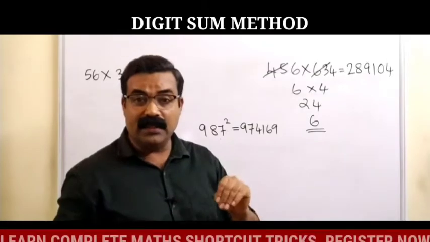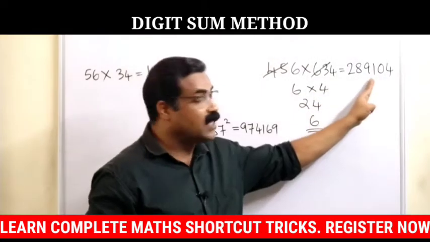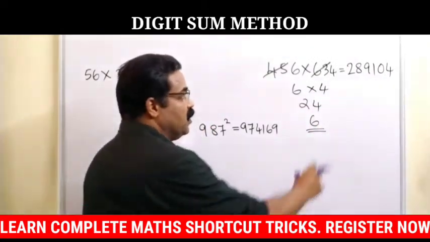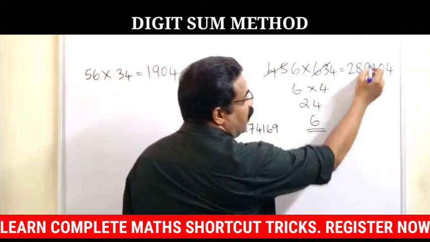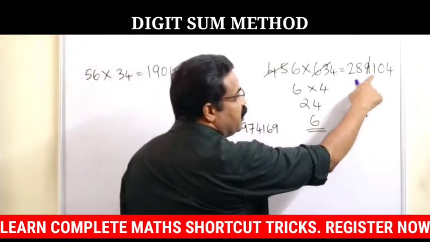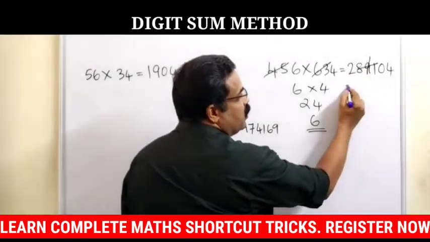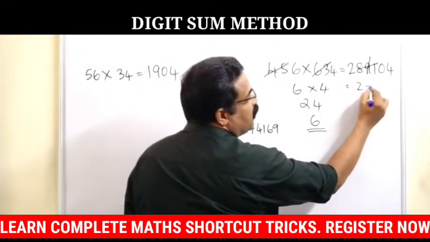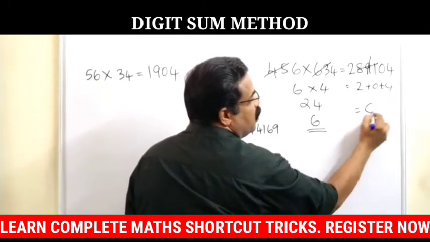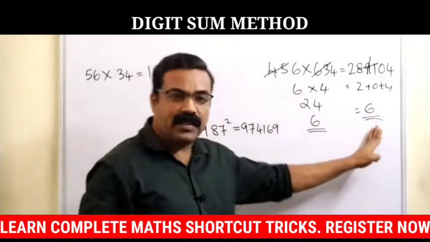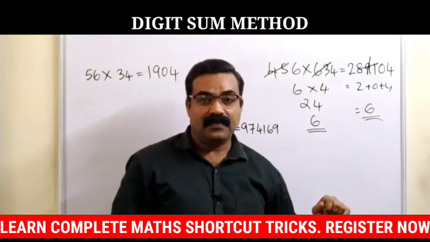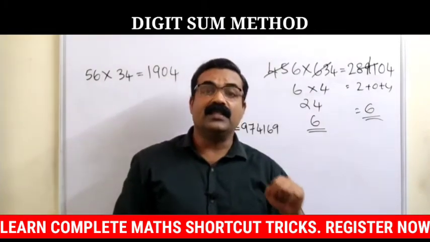For the answer to be correct, we should get the same digit sum on the right hand side. Let us check: 2, 8, 9, 1, 0, 4. I can cancel 9. 8 and 1 is 9, I can cancel that. Remaining is 2 and 4. 2 plus 0 plus 4 equals 6. So the right hand side is also 6, and the answer is correct by the digit sum method.